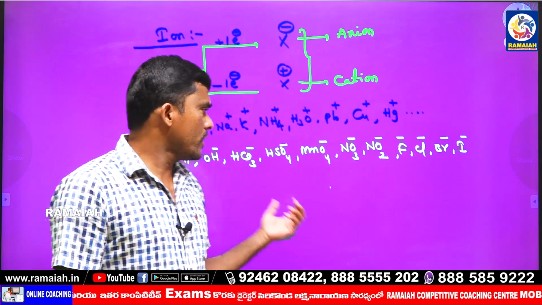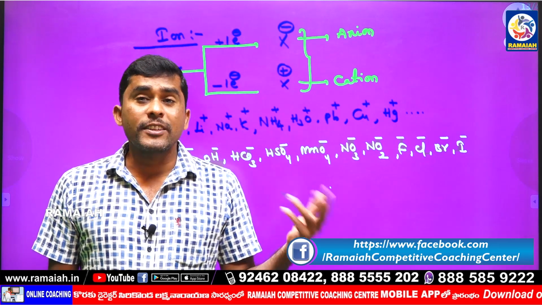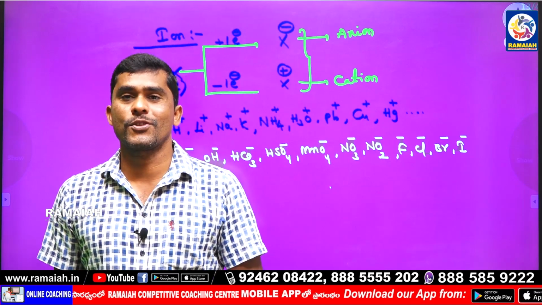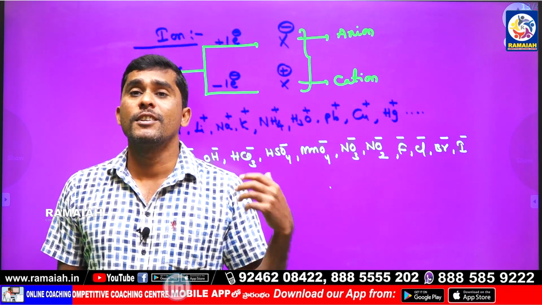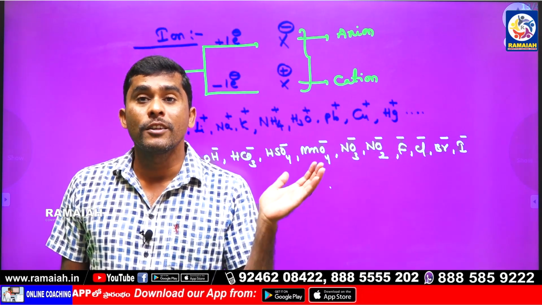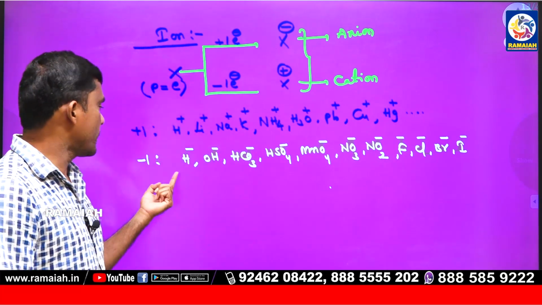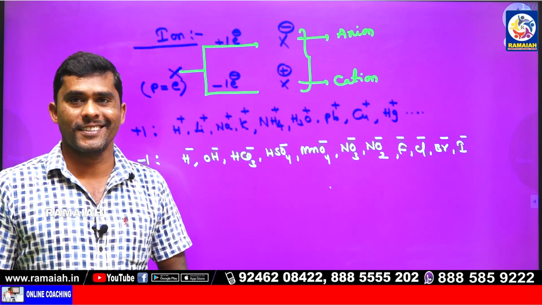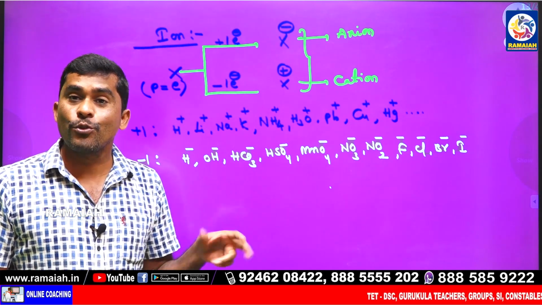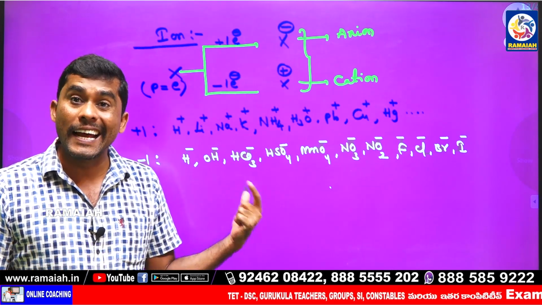Here we observe that for an ion which has a negative charge without oxygen atoms, at the ending we say ide. So H minus has a negative charge and has no oxygen, so finally we say ide: hydride.